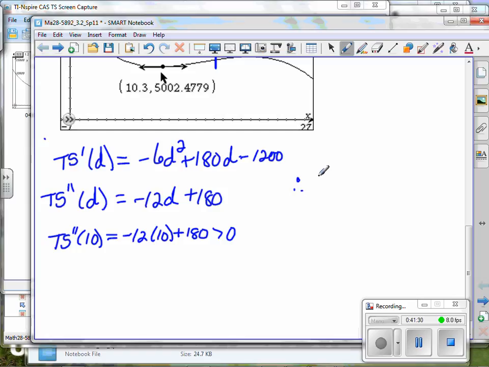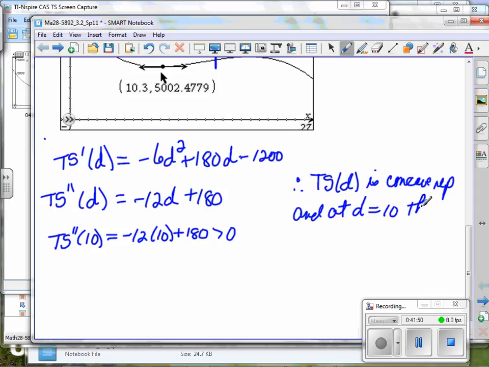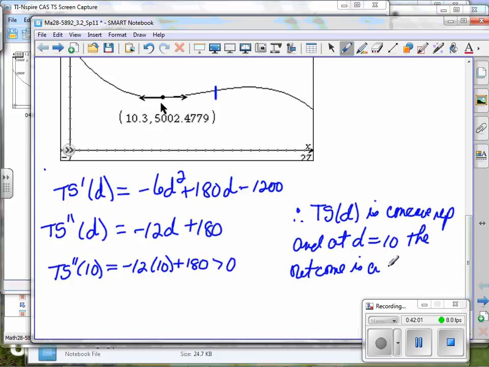Therefore, the function is concave up, and at d equaling 10, the outcome is a what? Minimum or maximum? It's a minimum.